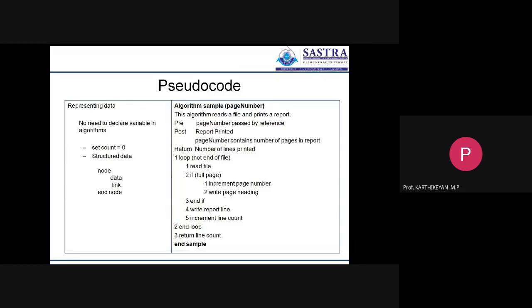The first loop starts with 1, then reading file 1.1, 1.2, and within the if condition 1.2.1, 1.2.2, like that. The subnumbering concept you can also use. Whichever is comfortable you can use, but each algorithm statement should have its own number. That is important.